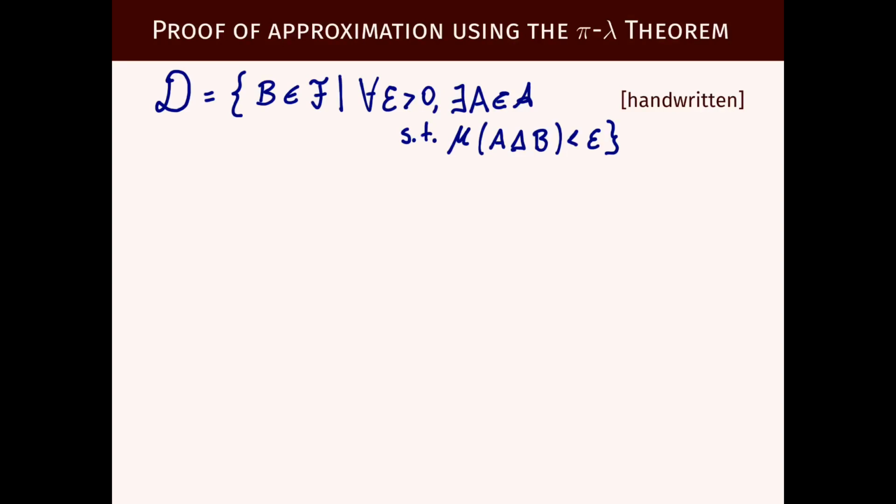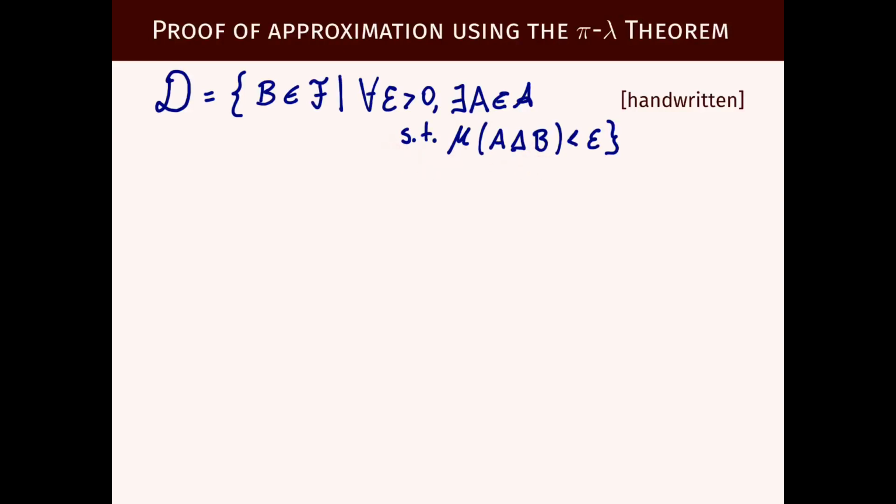So the proof follows the same pattern as every proof that uses the pi-lambda theorem. We have seen one already in a previous video lecture. That is, we define a class of sets, which is the class of sets that satisfy the properties that we want, and in the end we show that this class is in fact big. It is the entire class of sets for which we claim this property to hold.